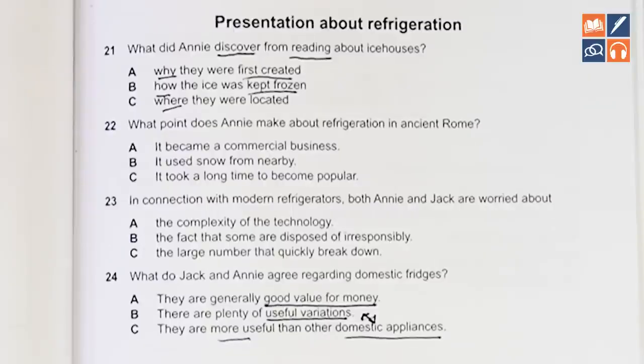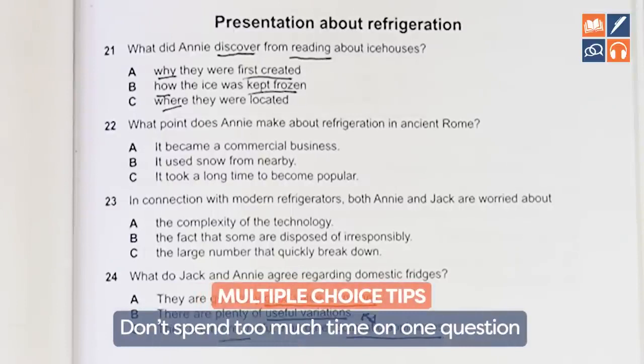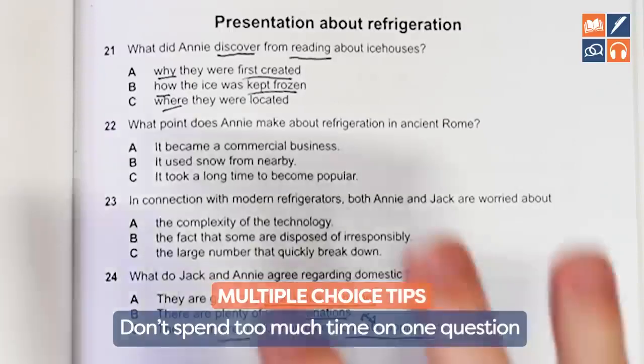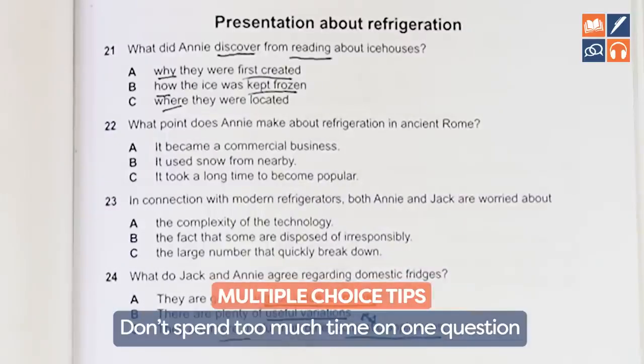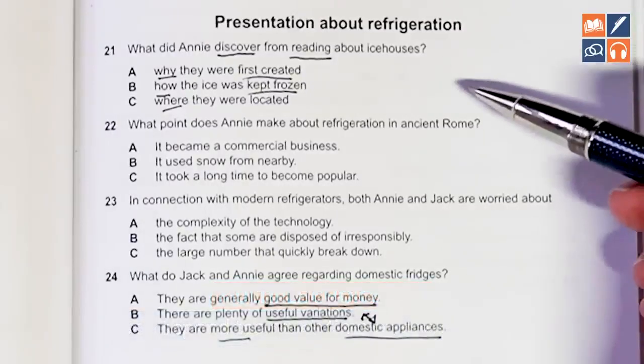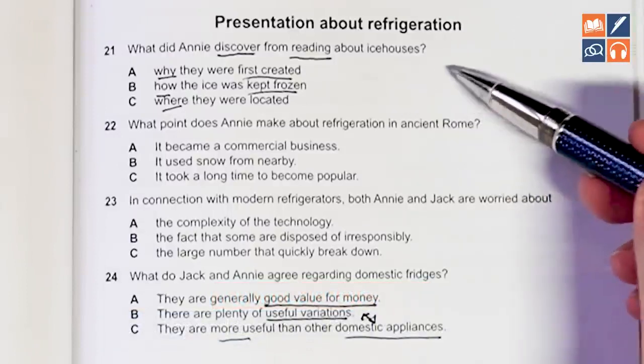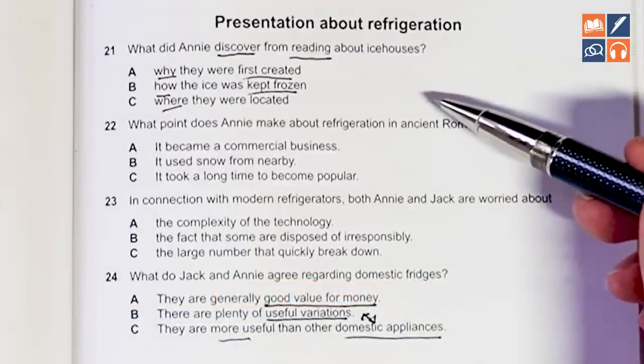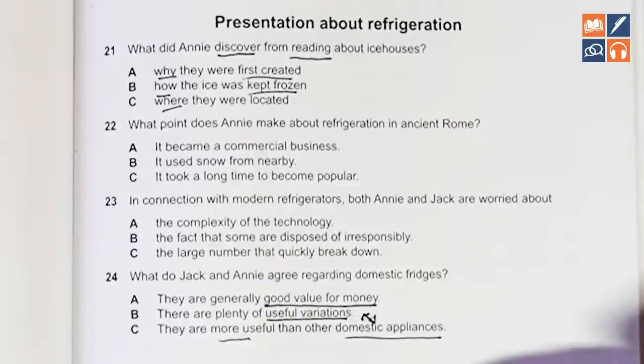The next thing is what you should not do. Do not focus in on one question, get lost, panic, and then miss the rest of the questions. So for example, if you were doing 21, what did Annie discover from reading about ice houses? And you lose focus, or you get confused, or you don't understand what's going on, then it is very, very important that you just leave that question, make an educated guess, and move on to the next ones.